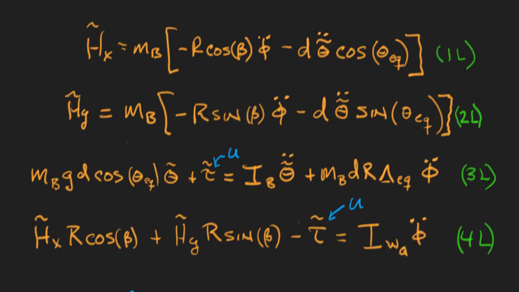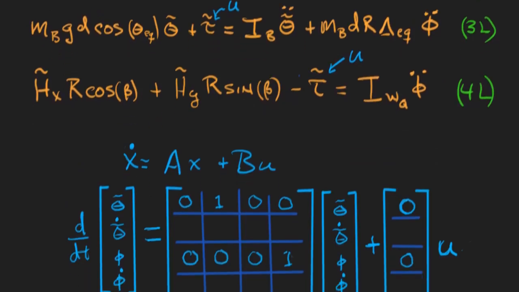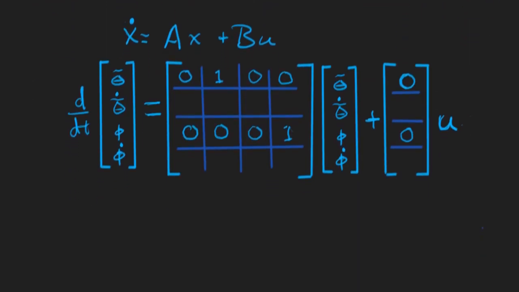My unknowns are theta tilde double dot, phi double dot, hx tilde, and hy tilde. In particular, I'm going to have to solve them for theta tilde double dot and phi double dot, in order to fill in rows 2 and 4 in my linear equations. That includes the u here.